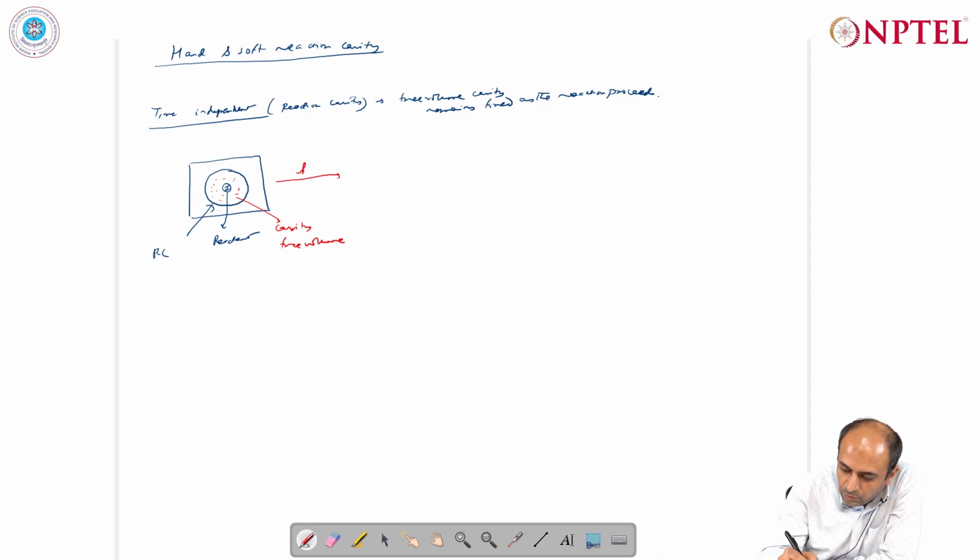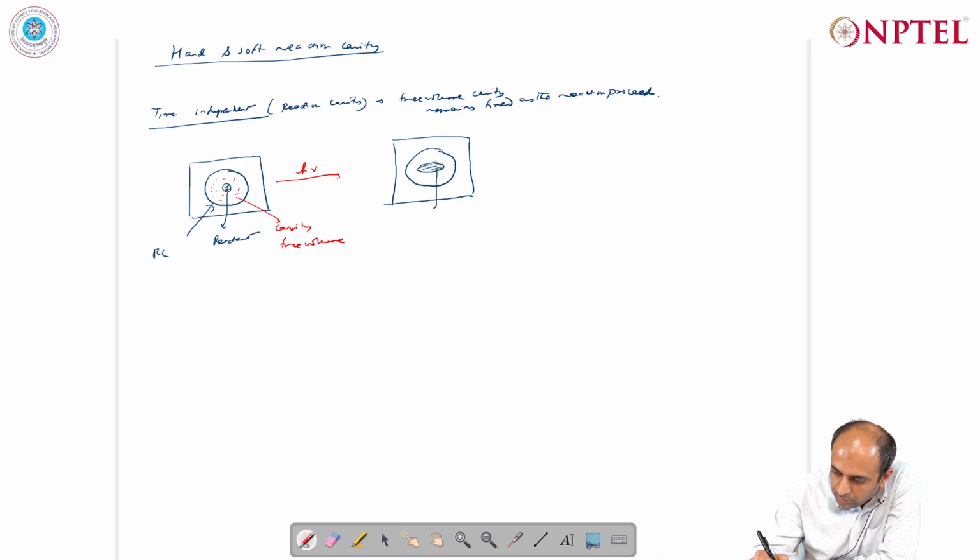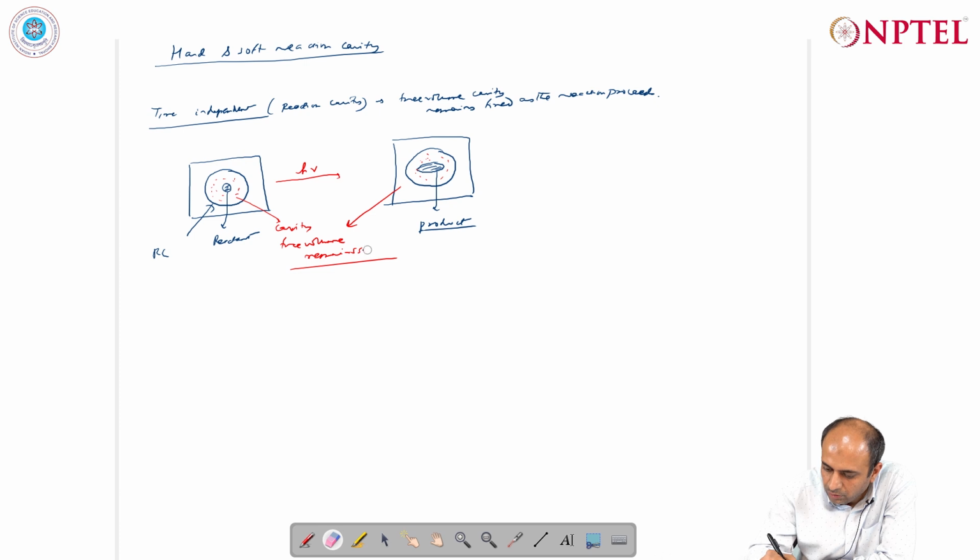And during the process of photochemical irradiation, we will see that now the product formation has happened, but the cavity free volume remains the same.